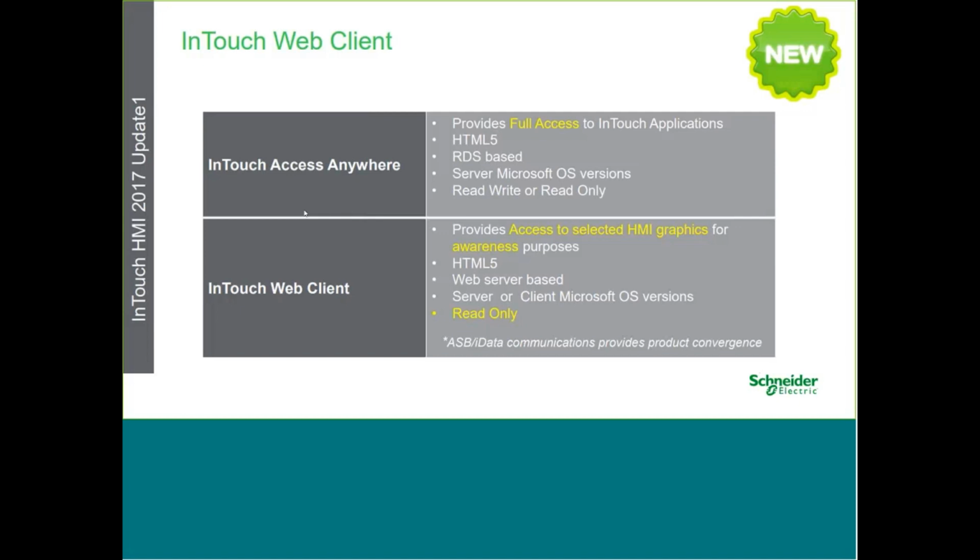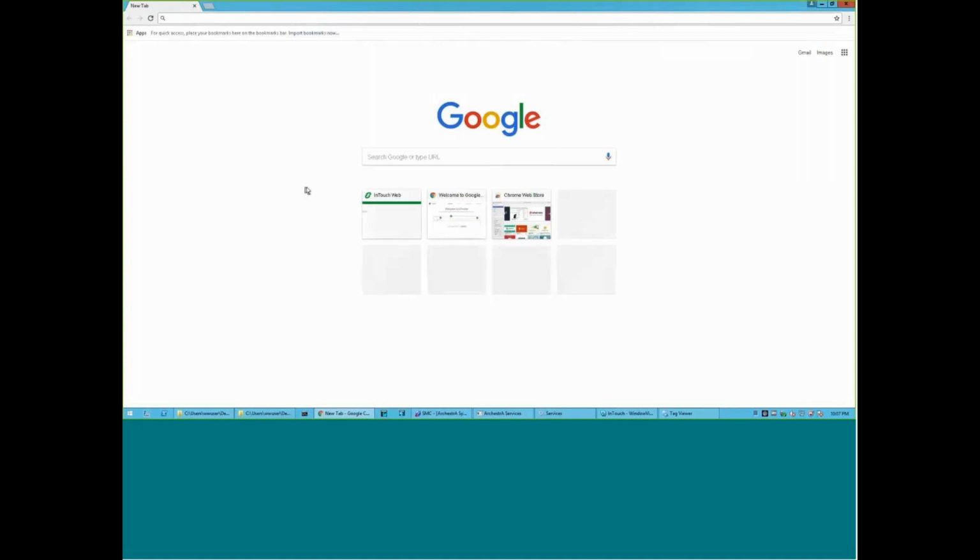Okay, so it's entirely also HTML5 web-based. It does not require Remote Desktop Services, but it is a subset of InTouch. So it's useful if you just have some screens, dashboards, graphics that you need access to, but you don't need the full operational command and control environment that traditional InTouch offers. So we've got a demo here of what that looks like.